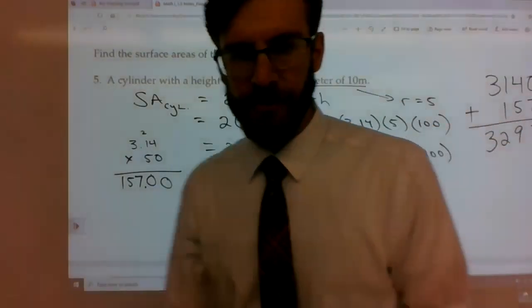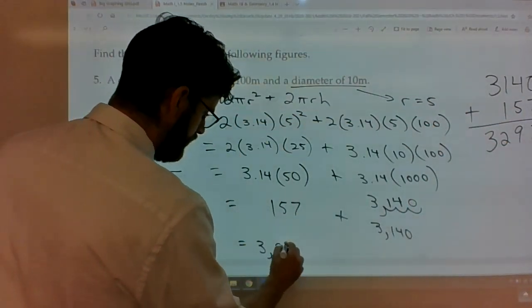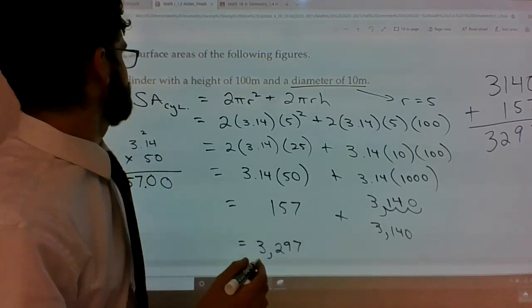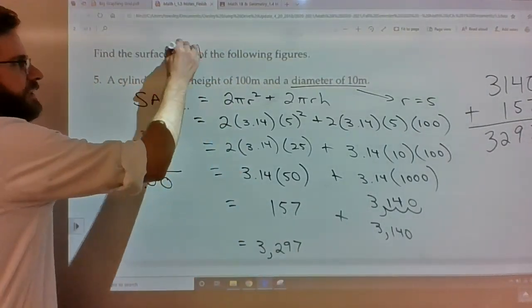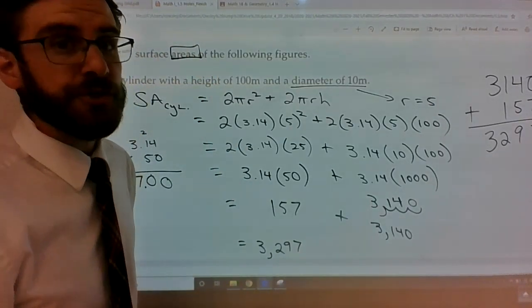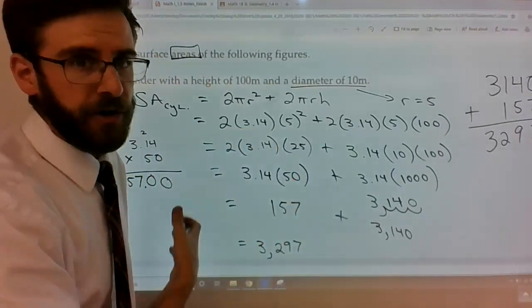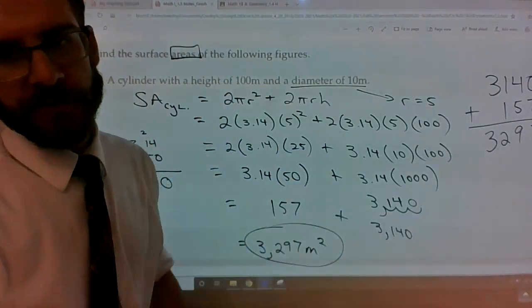And there's your final answer: 3,297. And what would we say the units are on this? Well, it's surface area, so squared units. So it's still going to be meters squared on this one.